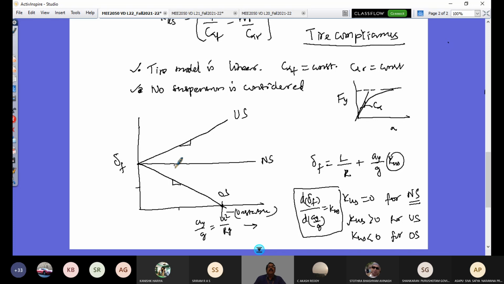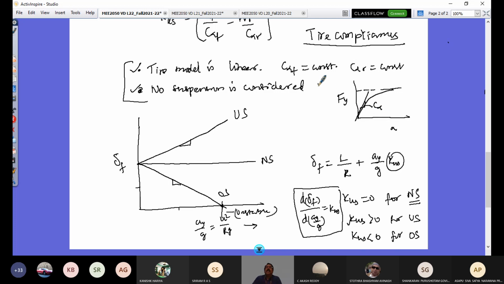If I have these assumptions, it's well and good, and this is what we have discussed. The moment I have to consider a non-linear tire model, that means C alpha F is no more constant, and it would be a function of slip angle. Here I have to see this slope is varying.